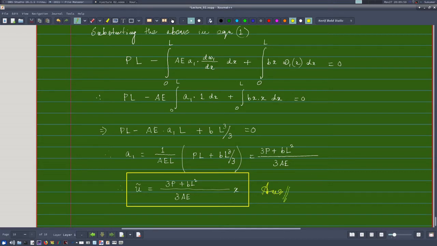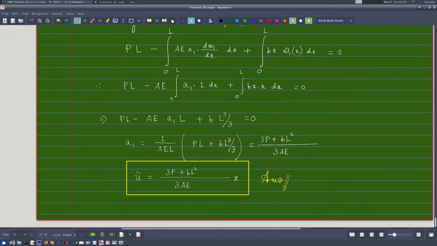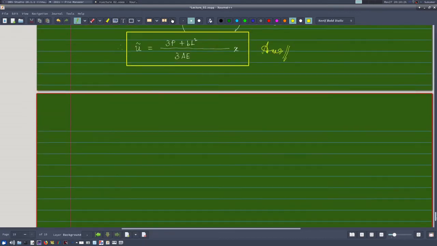Now let us see whether this solution fulfills the natural boundary conditions or not. For that, I know that at x equal to L my load is P, and the load can be obtained, you remember, in terms of the natural boundary condition. Let us check the fulfillment of the natural boundary condition.